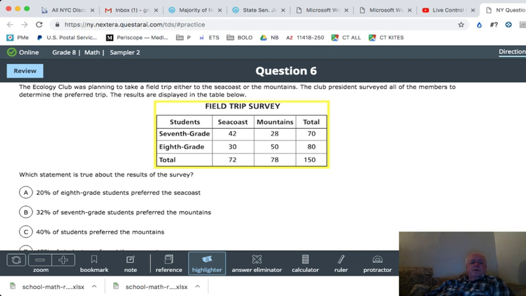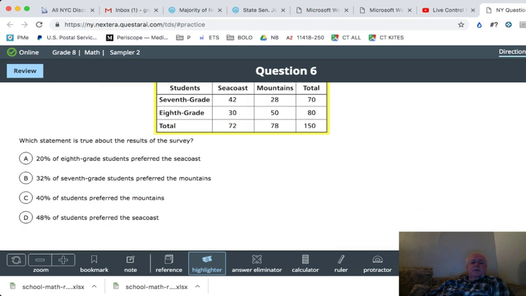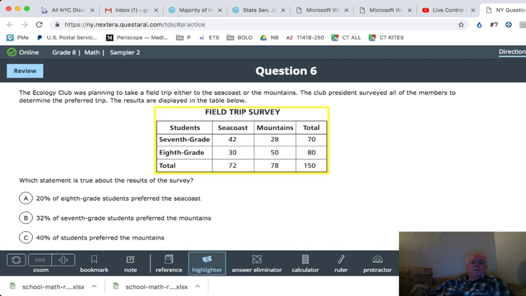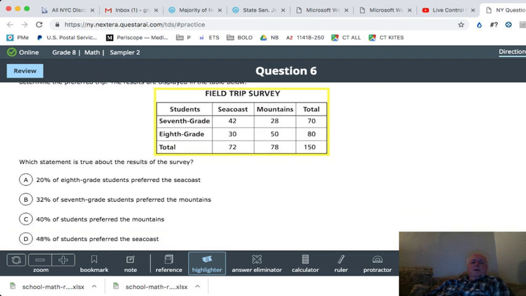I'm going to bring the top off so I can bring the choices into here, because I think the top words are not so significant in this exact word problem. Okay, so A: 20% of the 8th graders preferred the seacoast. So could it be that?